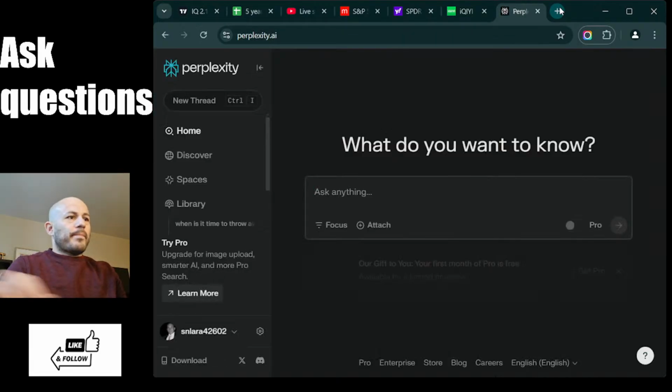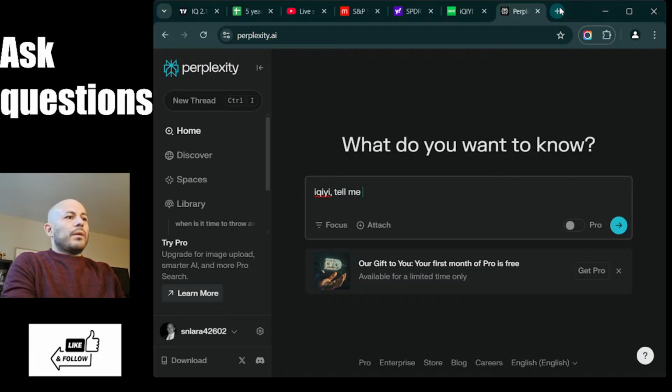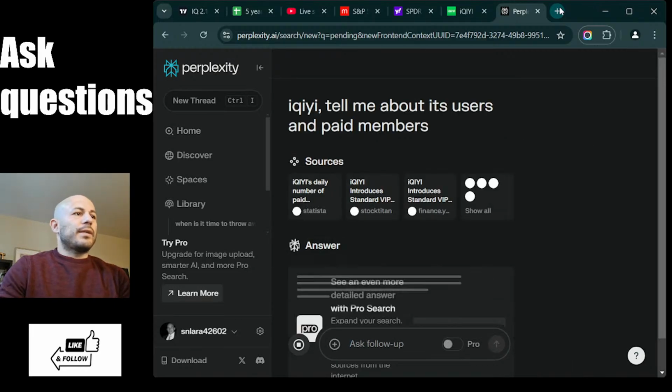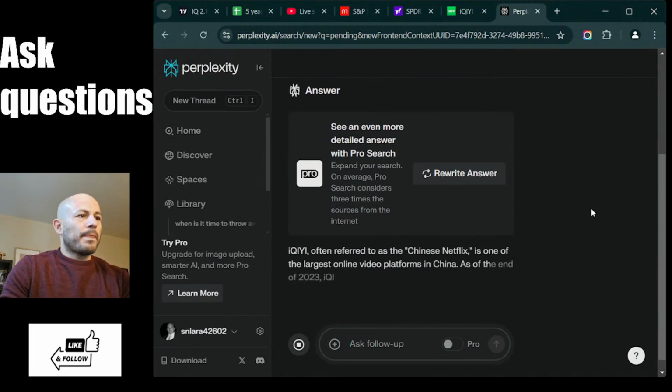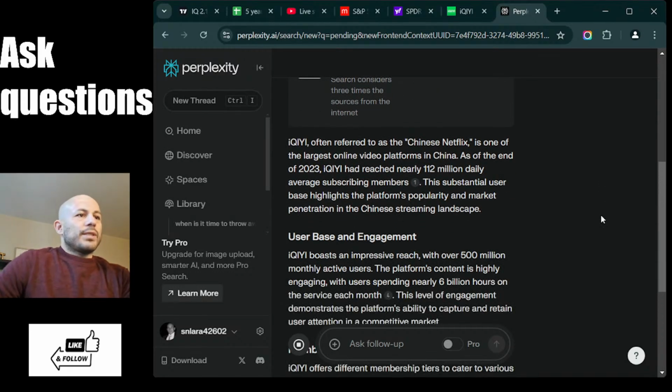AI. IQiyi, tell me about its users and paid members. So this is IQiyi, IQ stock. IQiyi, often referred to as the Chinese Netflix, is one of the largest online video platforms in China.